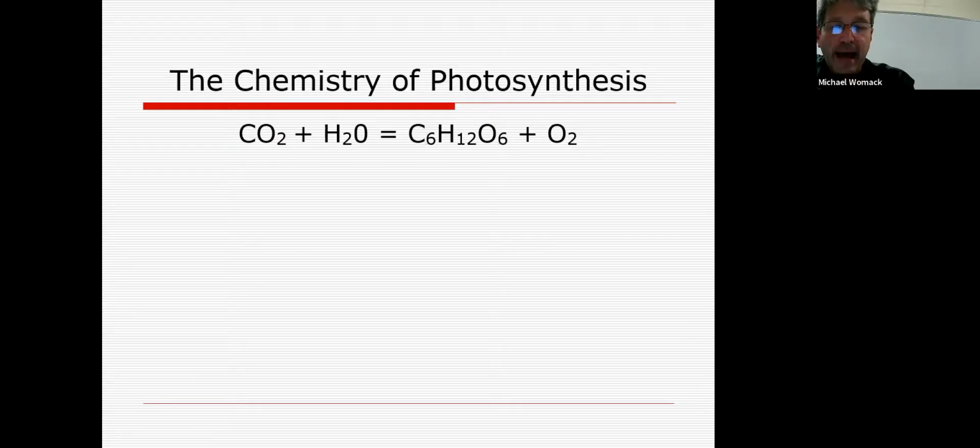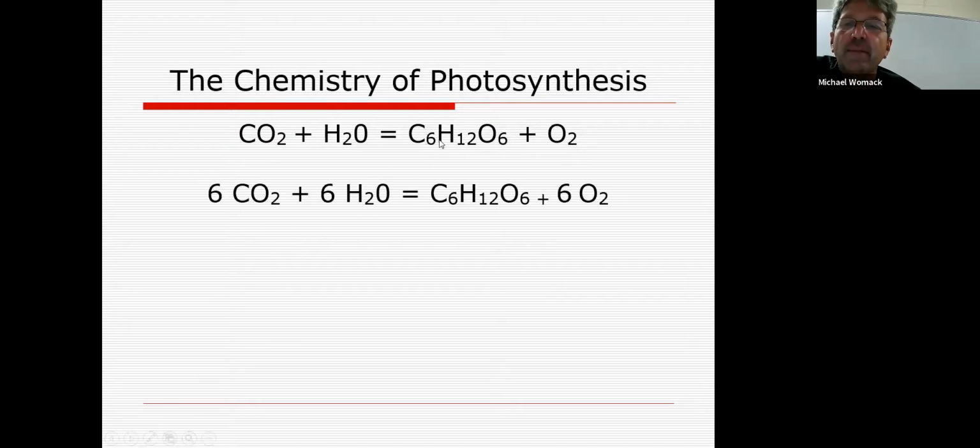So to make this balance, you need 6 carbon molecules over here to make a sugar, that means you have to have 6 carbons. The only way to do that is to have 6 carbon dioxide molecules, because 6 times 1 is going to give you 6 carbons. And here you have 6 times, there's 2 oxygens in each one, so 6 times 2 is going to give you 12 oxygens there.